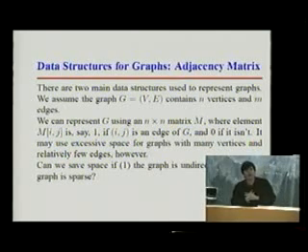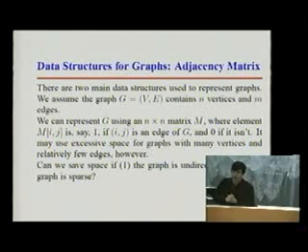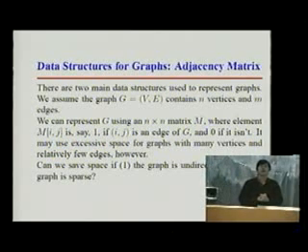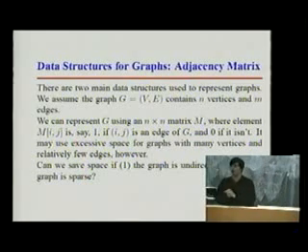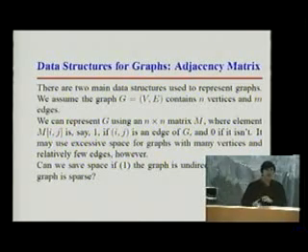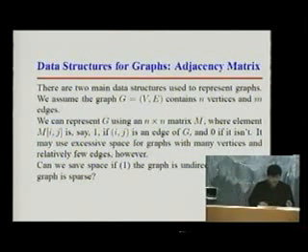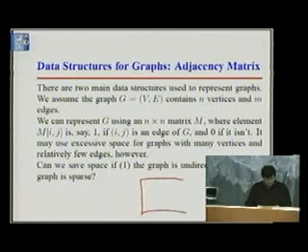Okay, so that is what a graph is. Now what do you do with a graph? This is an algorithms course. We're going to want to figure out what data structure we should use to store a graph. There are two main data structure ideas for representing graphs. In some sense the simplest one is the adjacency matrix.